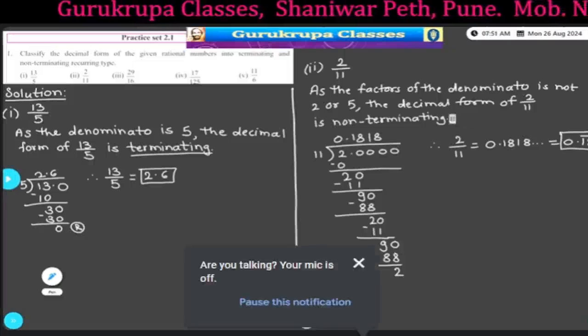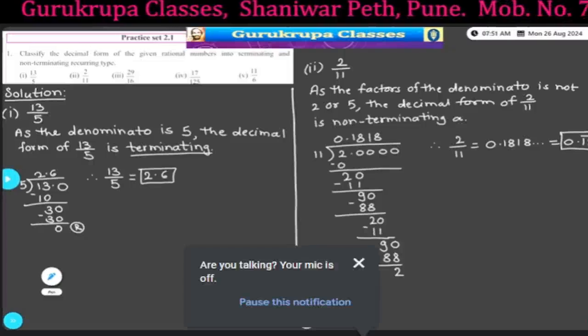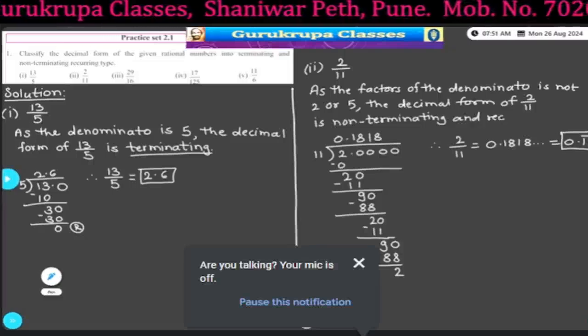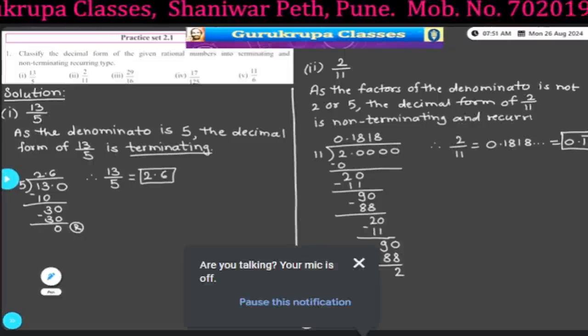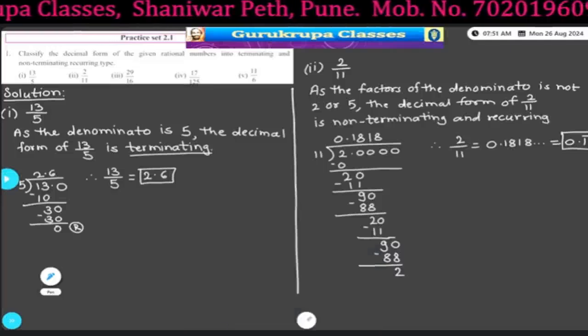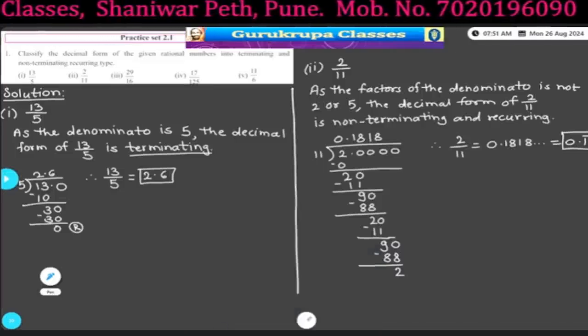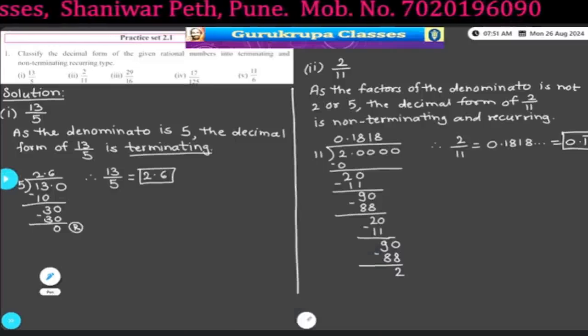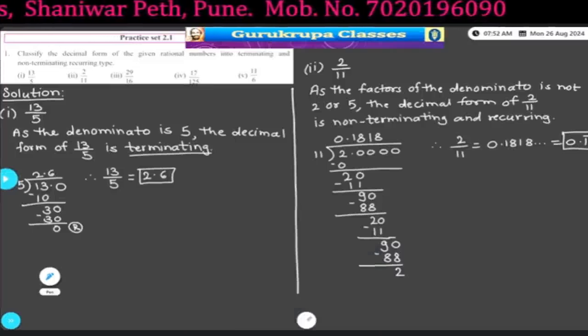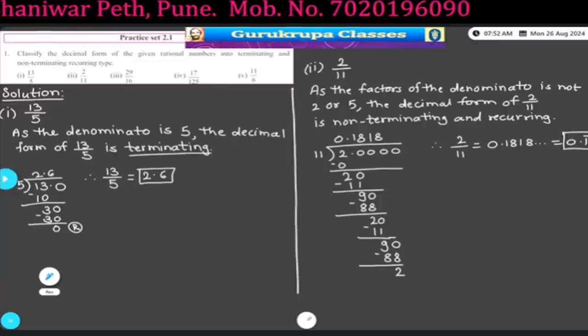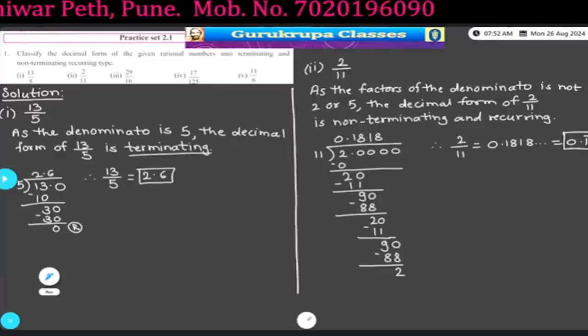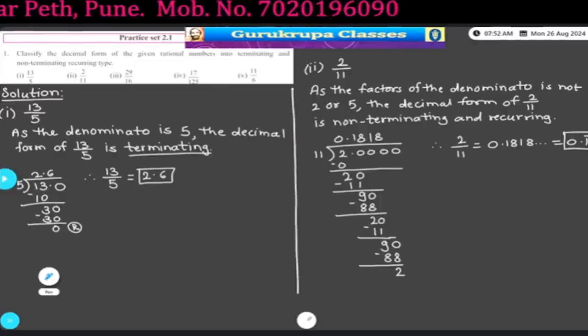So it is non-terminating and recurring. Recurring means a digit or number of digits in the quotient occurs again and again. That is called recurring. Okay.